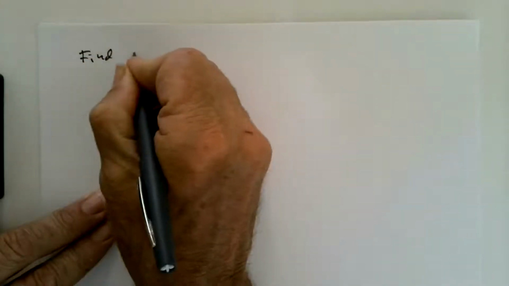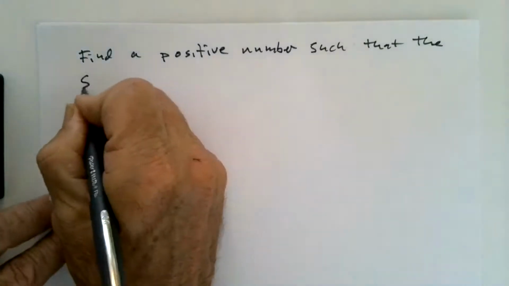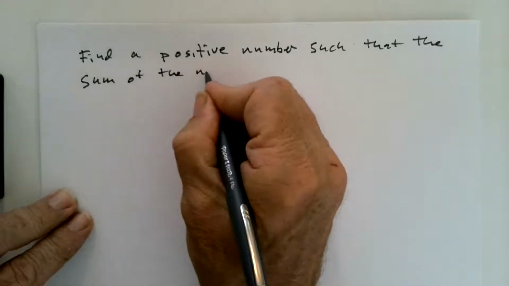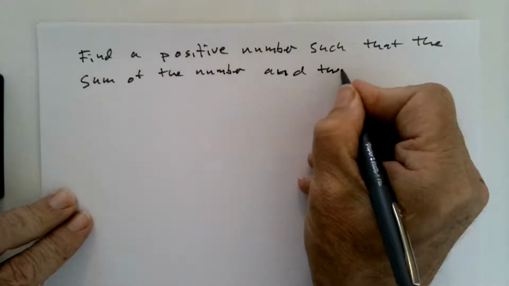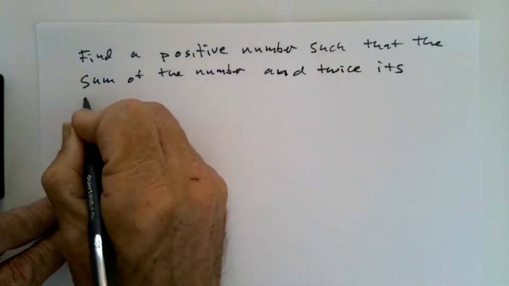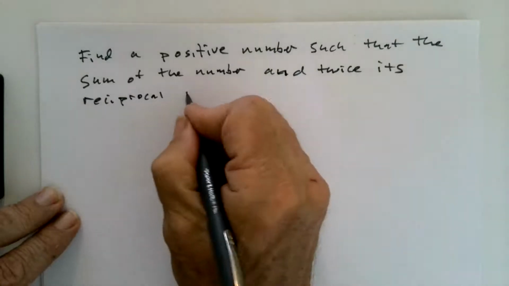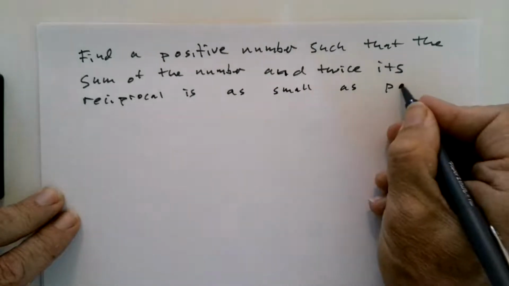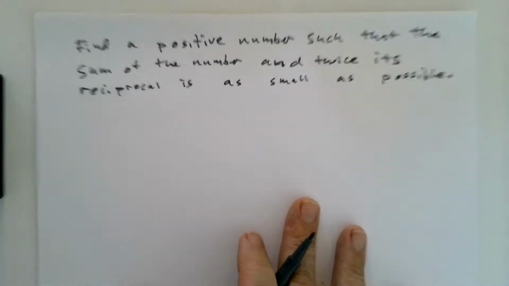Find a positive number and twice its reciprocal is as small as possible. So go ahead and try that. Get it set up, please, and see where you go.